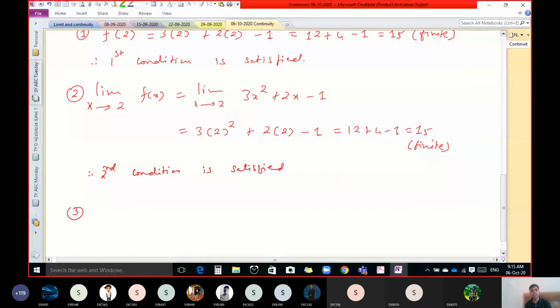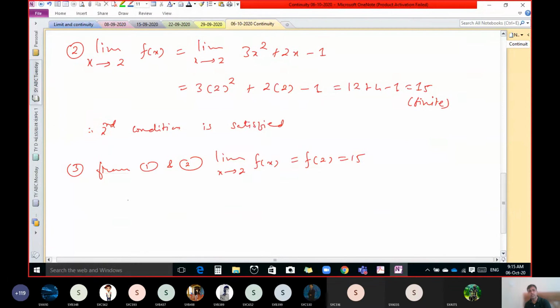Now third, see the value of first and second. Here 15, here also it is 15. So from 1 and 2, limit x tends to 2 of f of x equals f of 2 equals 15. Both are equal, therefore the third condition is satisfied.